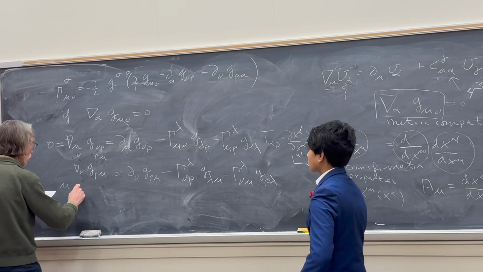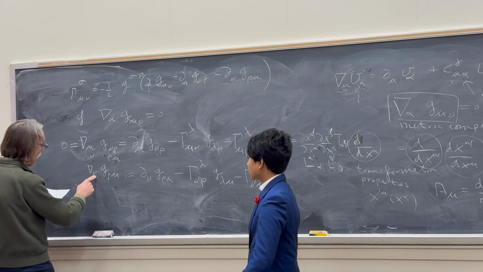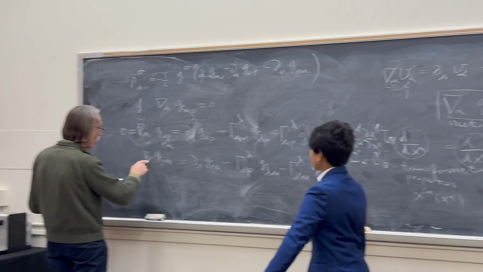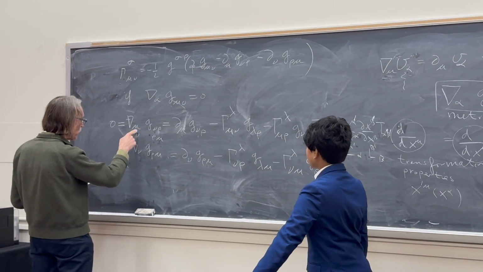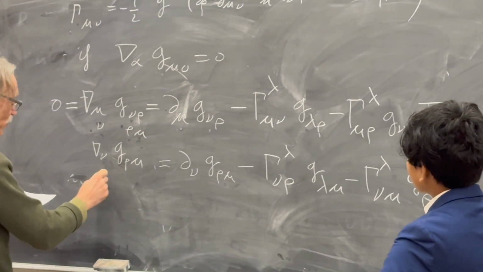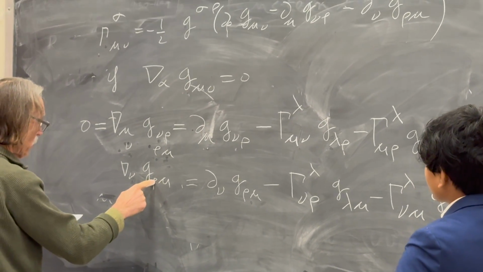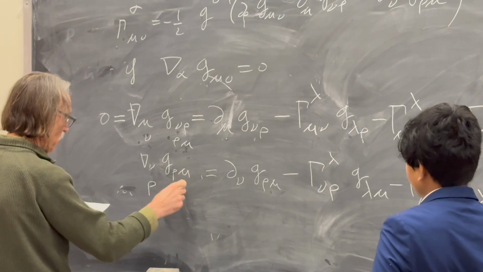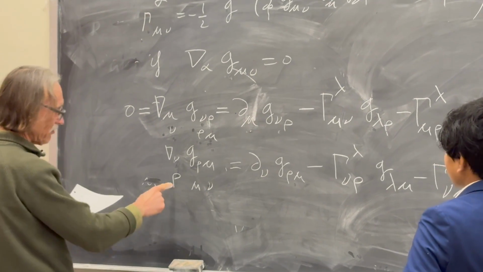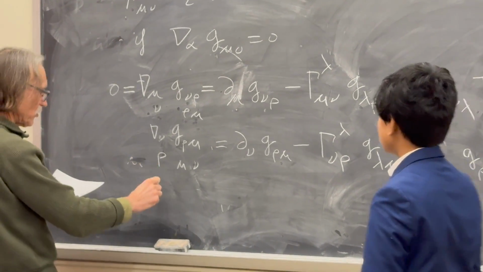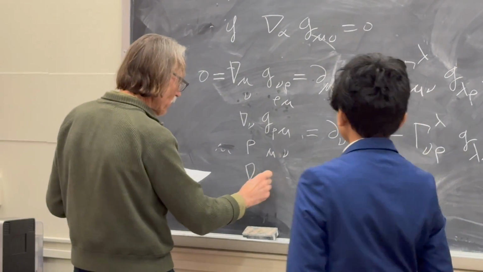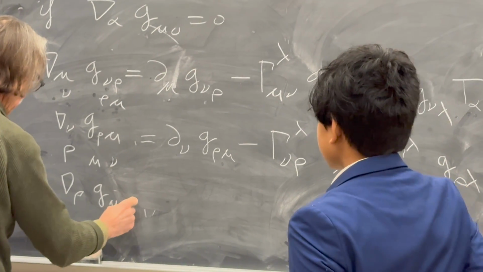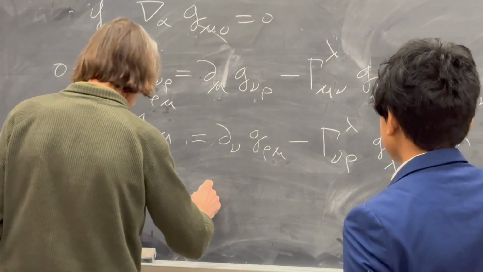So the next step, we want to do one more cyclic permutation. In this case, nu becomes a rho, rho becomes a mu, and mu becomes a nu. So this becomes del rho g mu nu. Yeah, that's what I have.